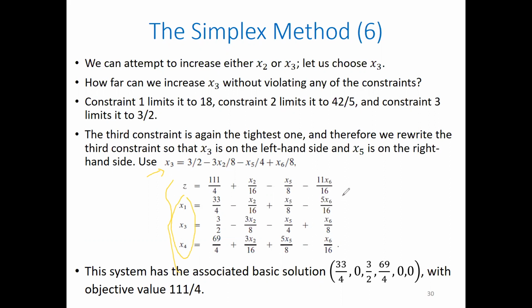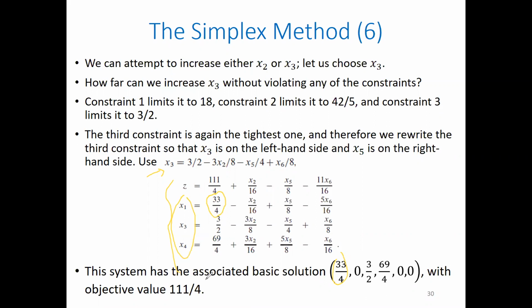So now you see, you have these guys as your basics and 2, 5, 6 as your non-basics. Now if I substitute, x1 is 33 over 4. x2 is not a basic variable, so it's 0. x3 is 3 by 2. x4 is 69 by 4, and x5 and x6 are not on the left-hand side, so they are 0.